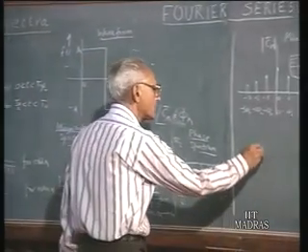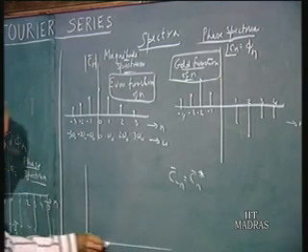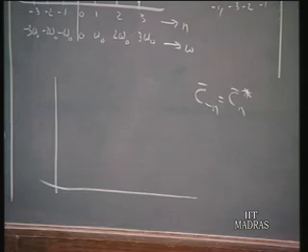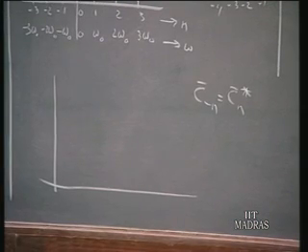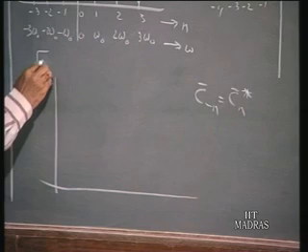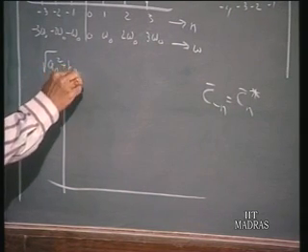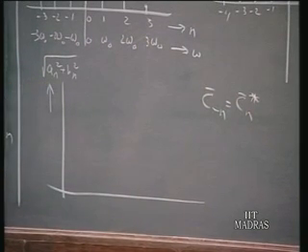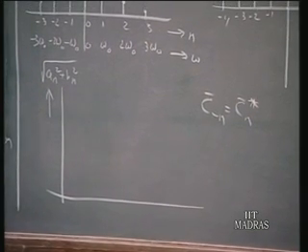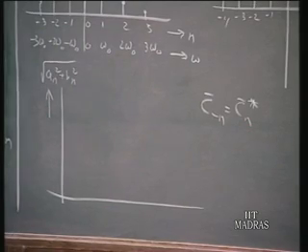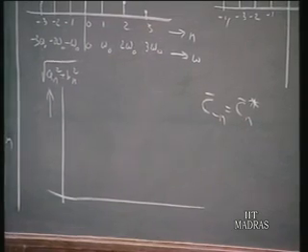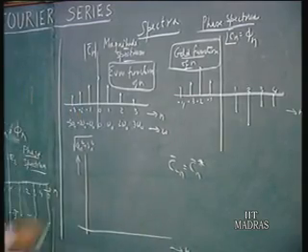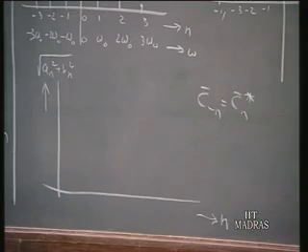It is also sometimes done that, instead of plotting Cn, one plots the square root of an squared plus bn squared, this being the amplitude of the nth harmonic component. You recall that in the trigonometric expansion of a function of time, the amplitude of the nth harmonic is the square root of an squared plus bn squared, and this is the coefficient of cos of n omega naught t plus phi n.